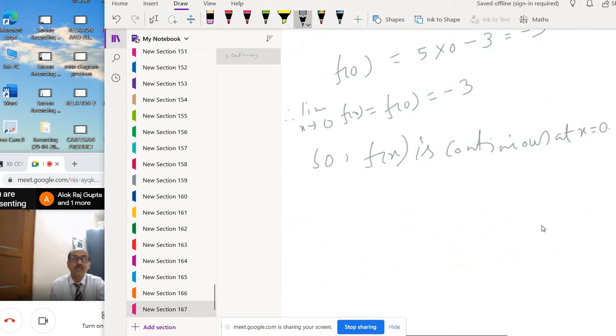The same function, at x equal to minus 3. So now f(x) equal to 5x minus 3 at the point x equal to minus 3.